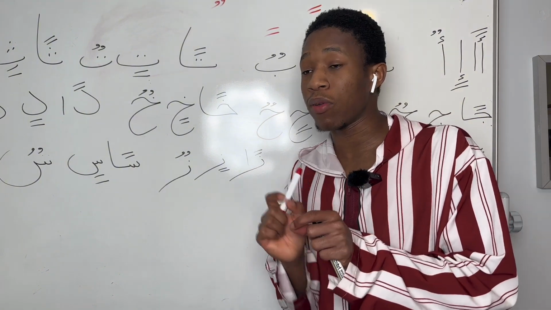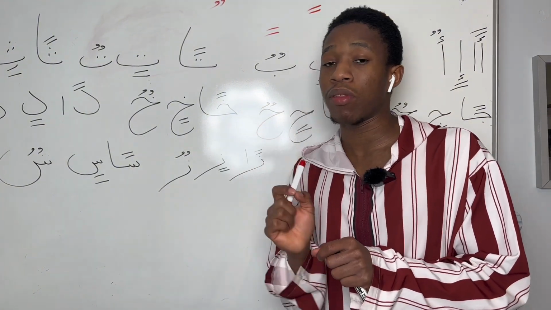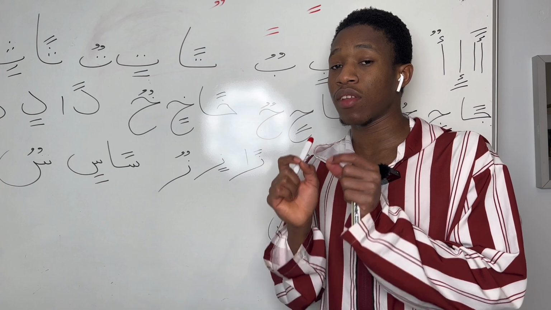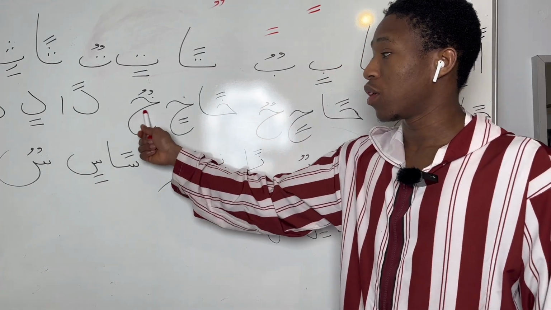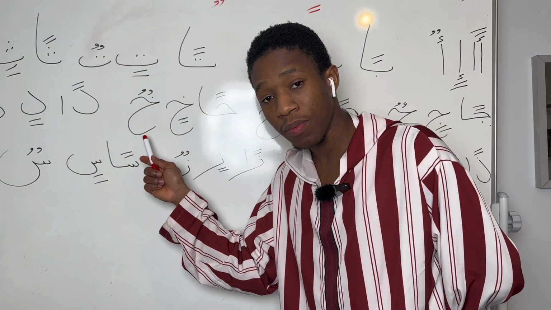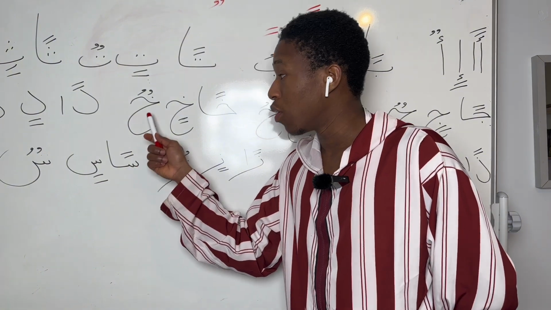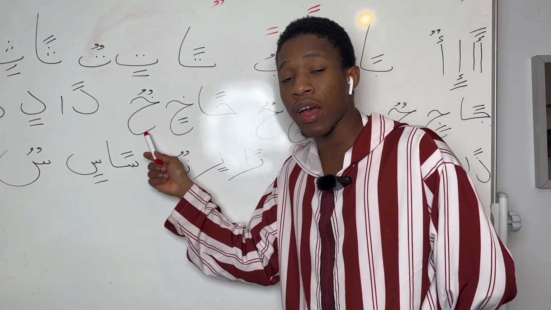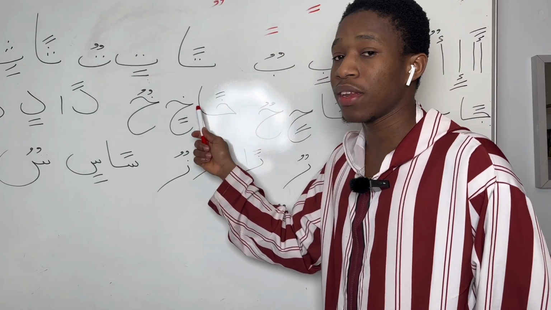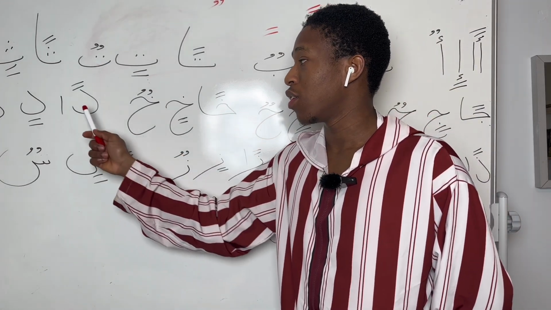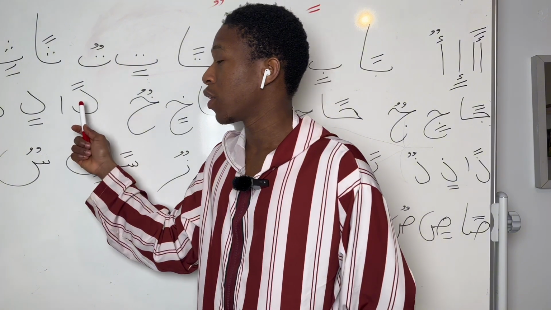Make it in full mouth. Remember, kha is one of the full mouth letters. Kha fathatan, khan. Good. Now the last one. Kha dhammatan, khun. MashaAllah. Khan, khin, khun.